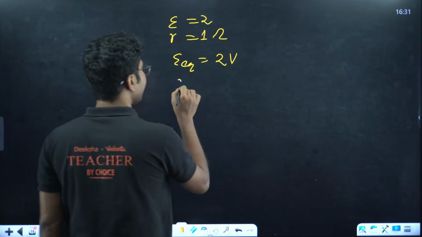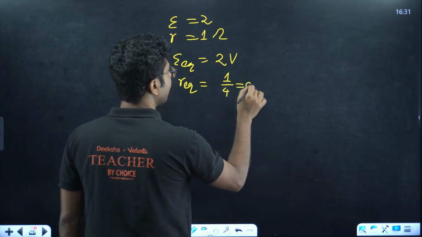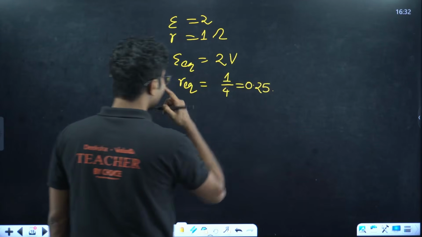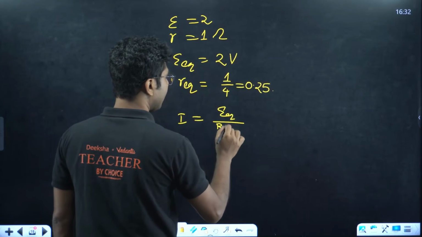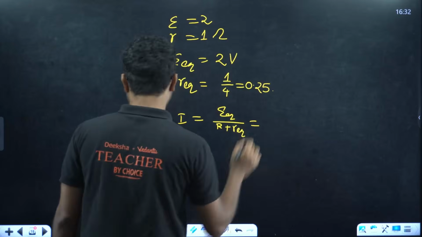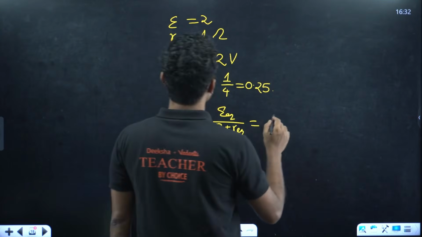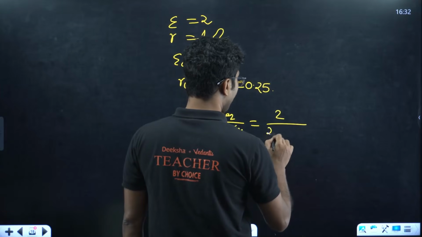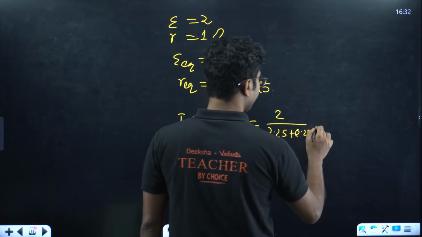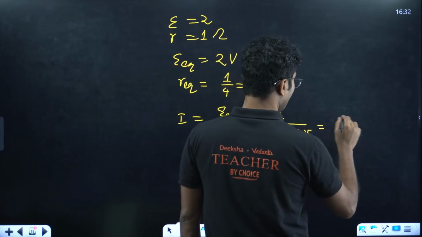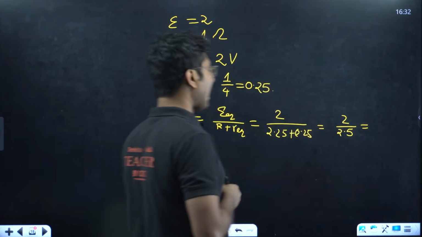What is the R equivalent? R equivalent will be 1 by 4, that is 0.25. Okay, so what is the current? Current will be epsilon equivalent by R plus R equivalent. Now R is given as 2.25, so it will be 2 divided by 2.25 plus 0.25, which is 2 by 2.5, which will be slightly less than 1 ampere.